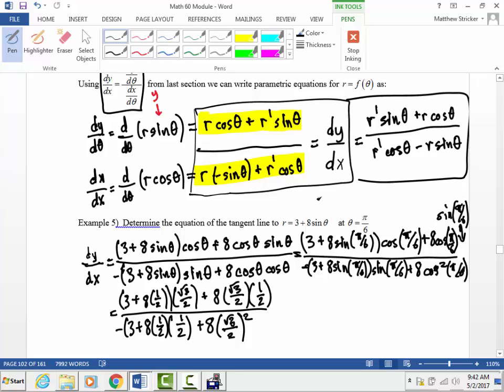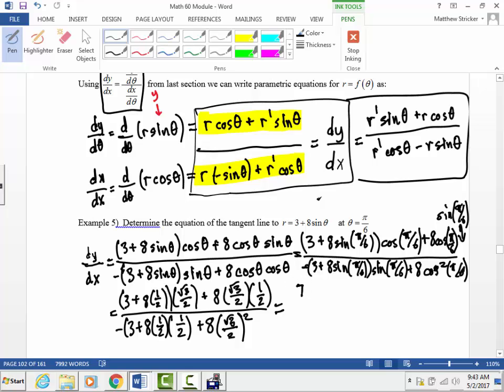How are we doing? You guys get the point? So 8 times 1/2 is 4. 4 plus 3 is 7.